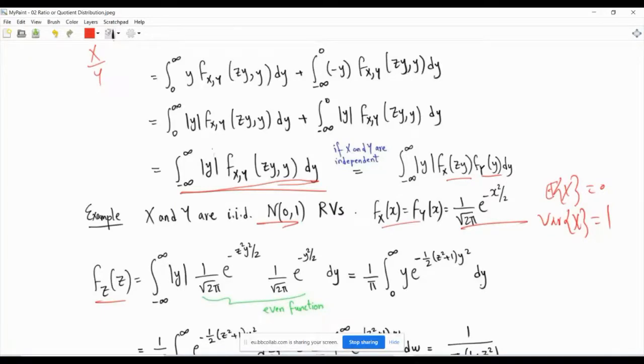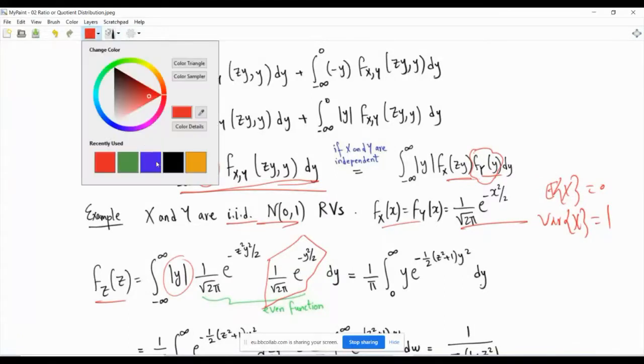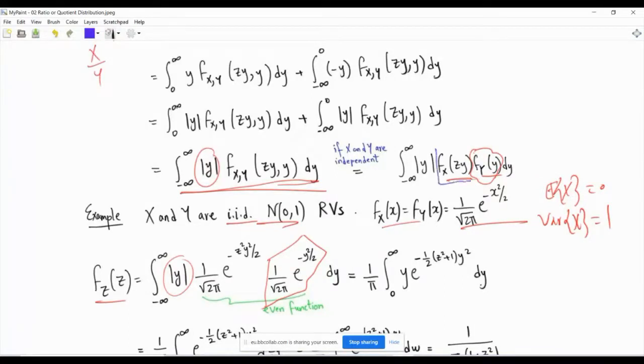So it's the integral of absolute y. Here the two are independent, so we can apply this formula. According to this formula, you take the PDF of y, again a standard Gaussian distribution, and then you take the PDF of x and replace x by zy, again the same standard Gaussian density.